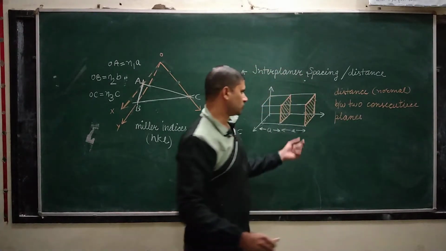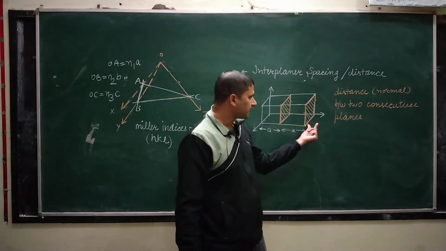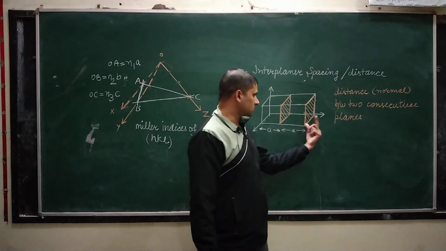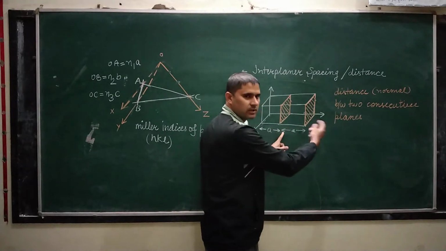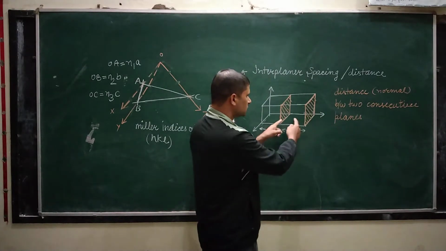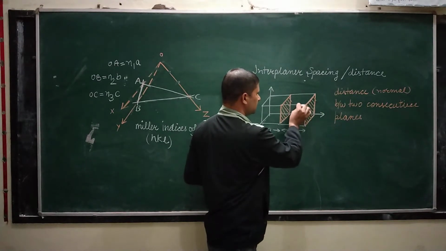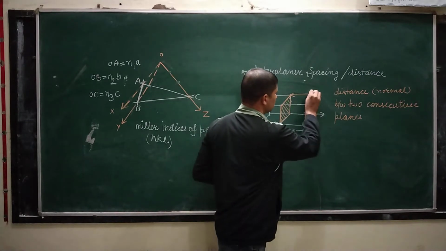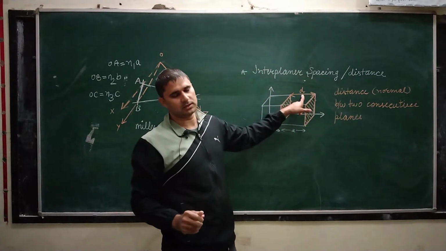Okay class, you know why I am writing two consecutive: because crystal is a long range order, you can draw one more plane, so the distance between two planes will be twice the interplanar distance. So here let me represent it by d. This distance is d, and d is the interplanar spacing.